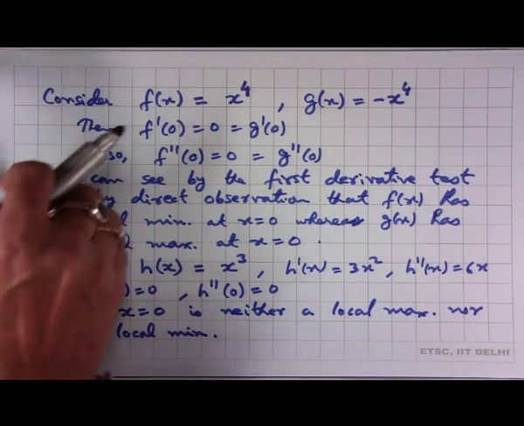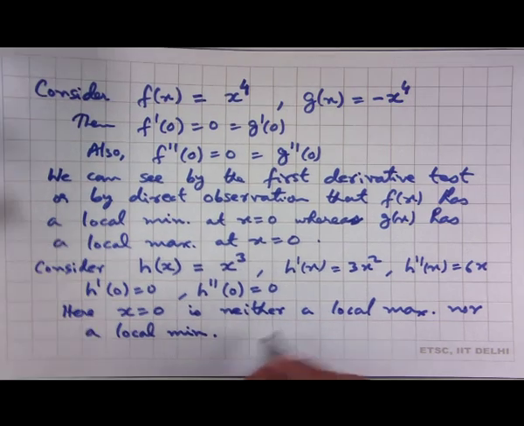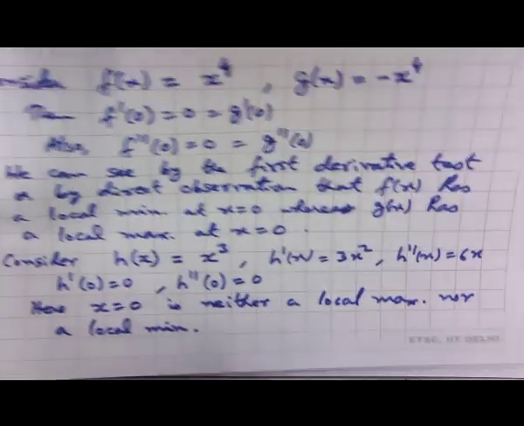So, by just looking at the second derivative at a critical point, if it is 0, then we cannot conclude anything.